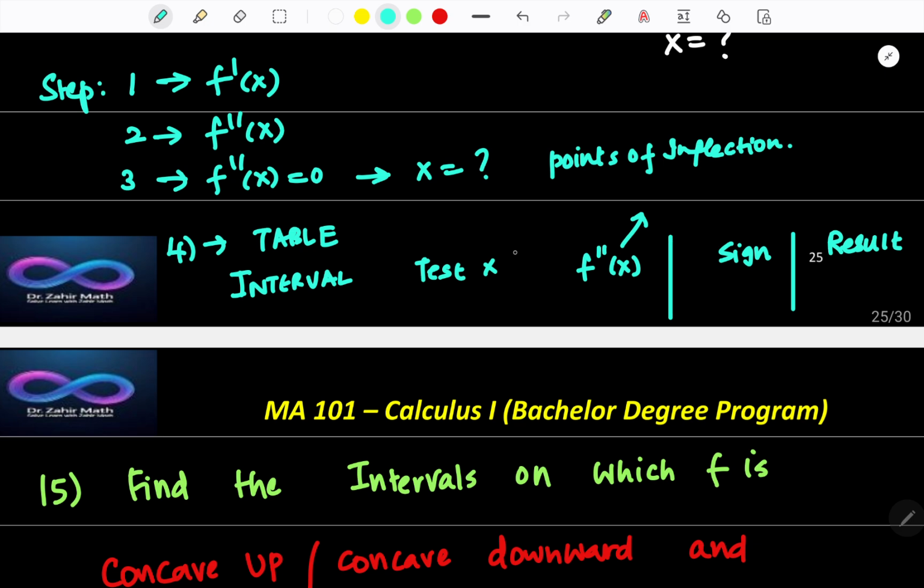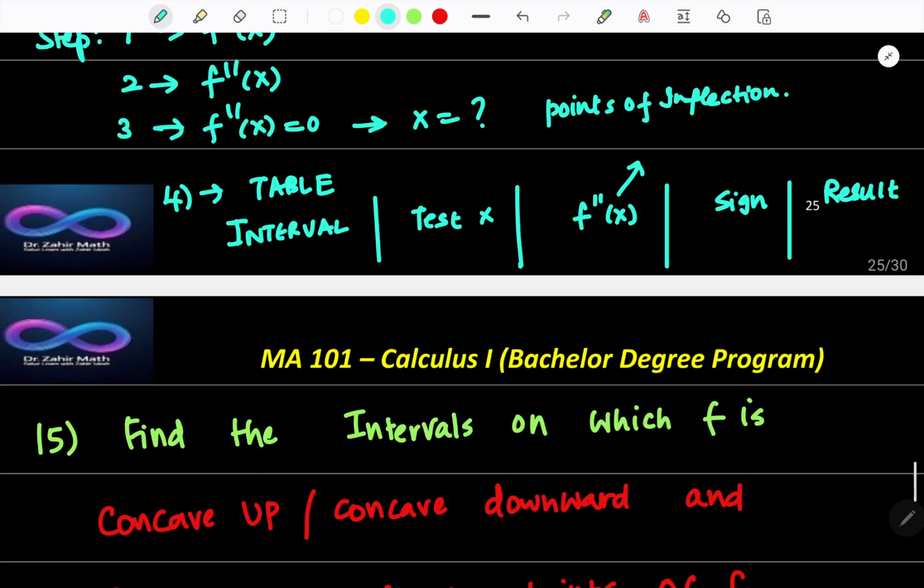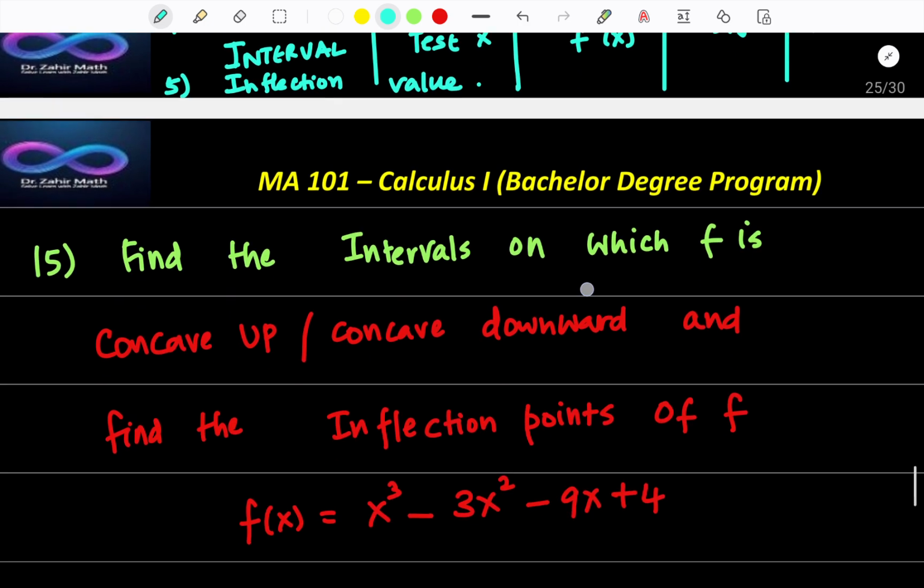Keep in mind, same table but here f double dash of x. And step number 5, you have to find the inflection value also. This is called the inflection point, and this is called the inflection value, which you also have to calculate, because sometimes in the question they ask to find concave up, concave down and the inflection value also.